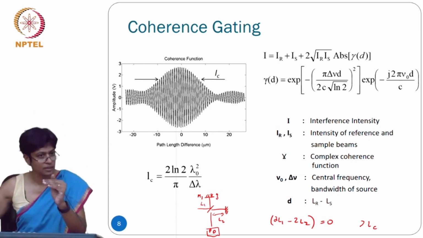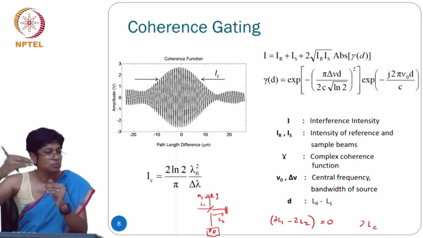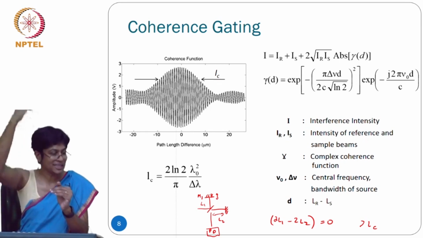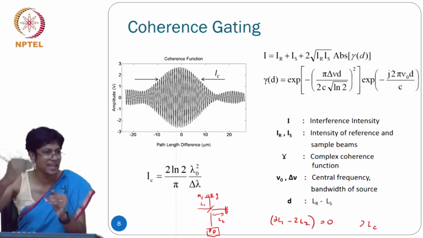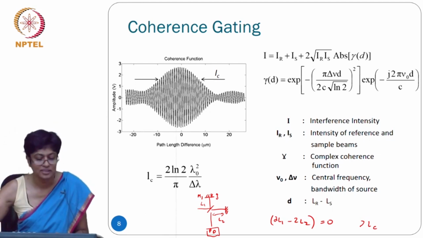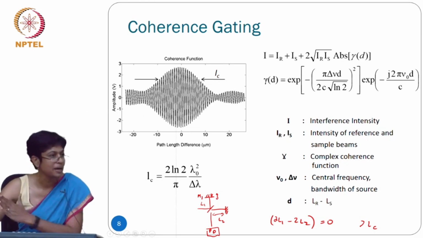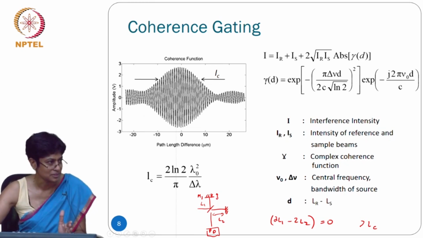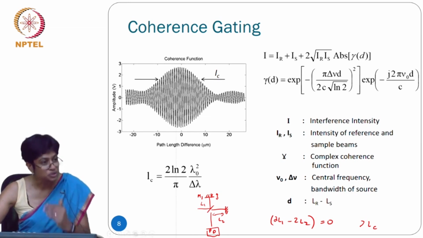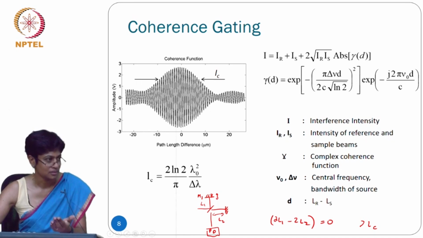Then it moves further and it becomes a 0. But as it moves, it's moving from the maximum value to the minimum through a range of values. And that is exactly this kind of pattern that you see here. This is the pattern as the path length difference varies, right? So I can use this now to reconstruct.